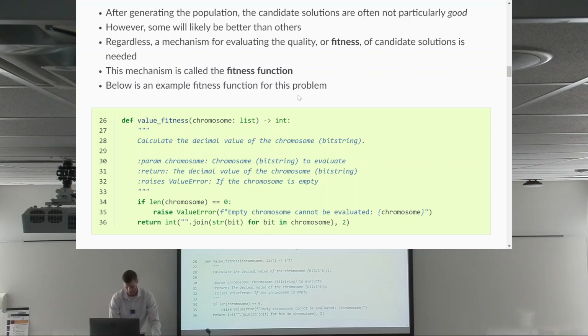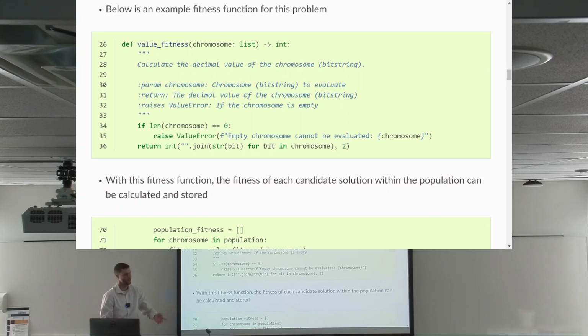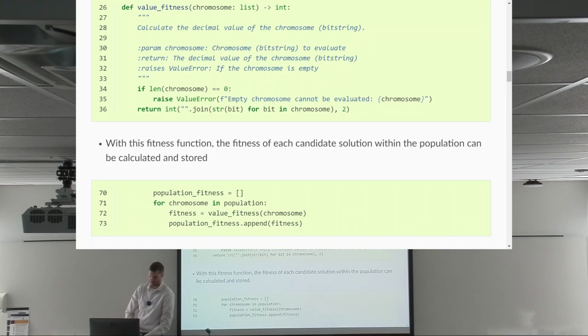Okay, good. So here's an example fitness function. I'm calling it value fitness. It's got its docstring. If length is 0, I raise an exception: empty chromosome cannot be evaluated. Otherwise, this is very Python-y.